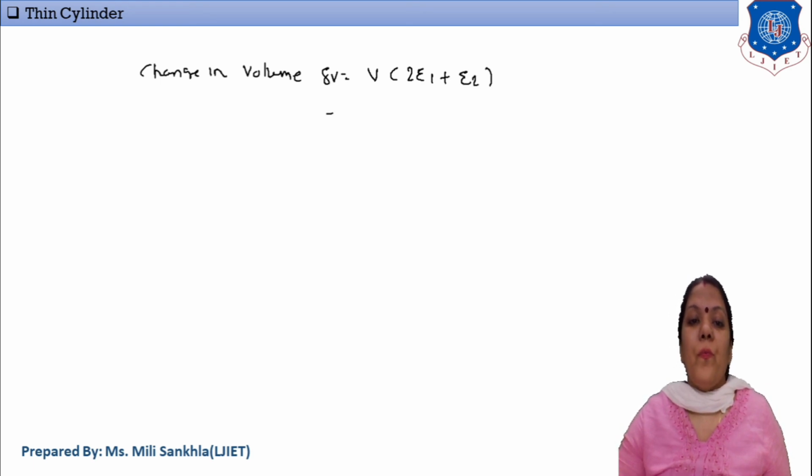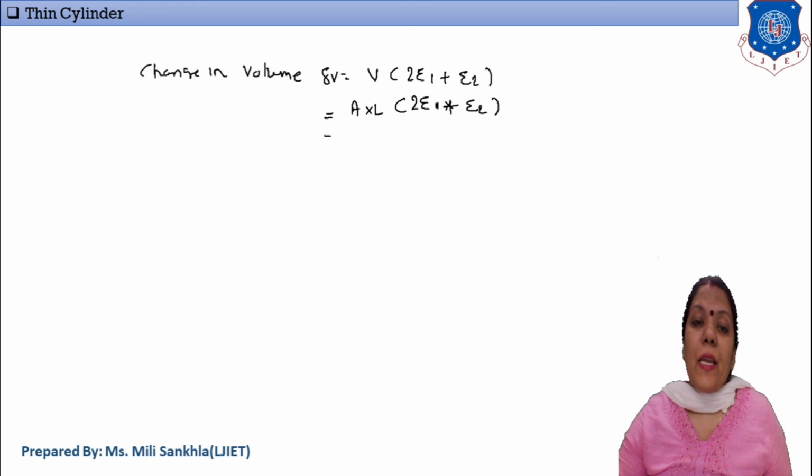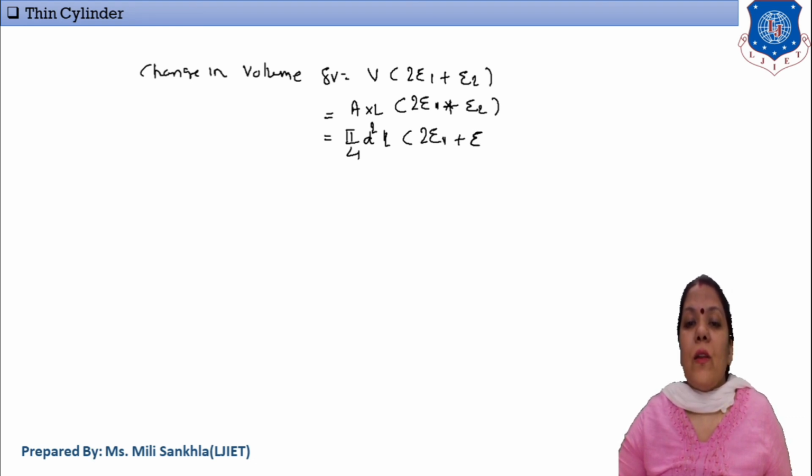Now what is volume? Volume is equal to area into length, then 2 times epsilon 1 plus epsilon 2. Area of a thin cylinder is pi by 4 d square into L, then 2 epsilon 1 plus epsilon 2.